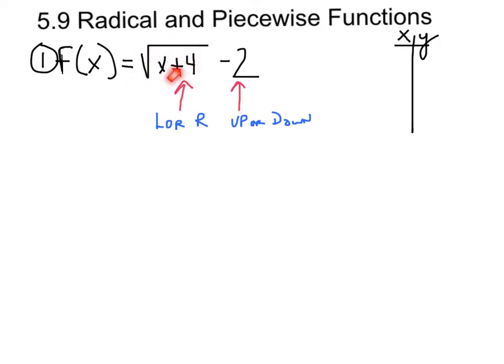So because it says plus 4, this graph is actually going to go left 4, and then it says minus 2, you're going to go down 2. So right here, if this is positive, you're going to go left that amount. If it's negative, it goes right. It's the opposite.